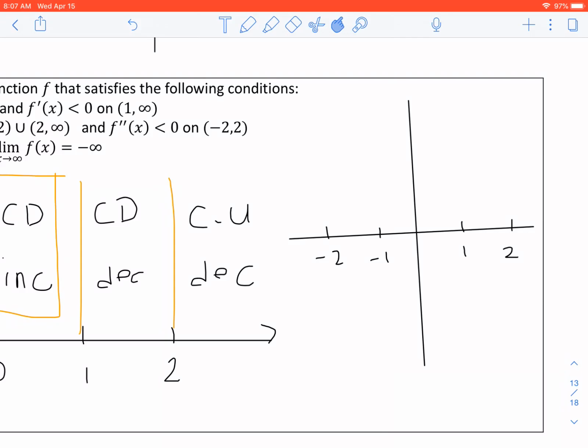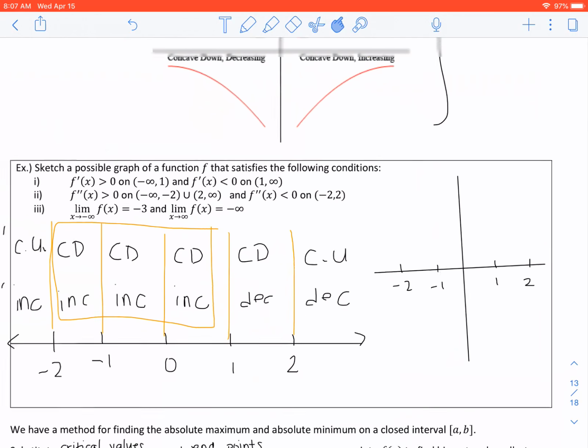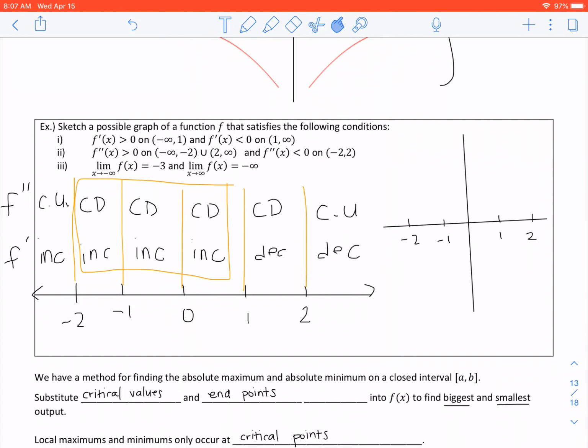And looking at the first thing that we have, when the second derivative changes signs, we have inflection points. So you have an inflection point at -2 and also at +2.